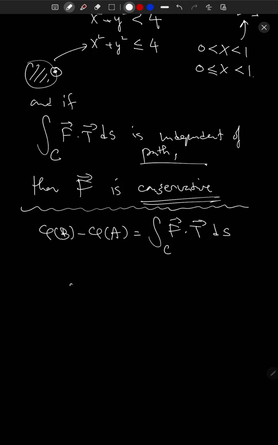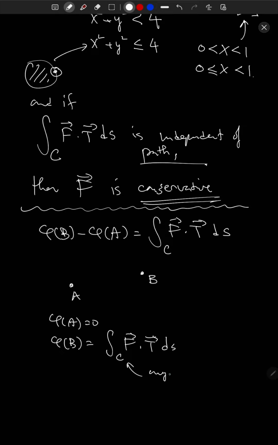If I have a here and I have b here, I can just say phi of a is equal to 0, and then what should phi of b be? I can actually construct it. So phi of b should be equal to the integral over C of f dot t ds, where C is any path from a to b.